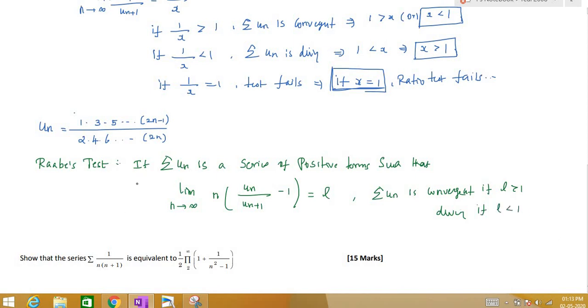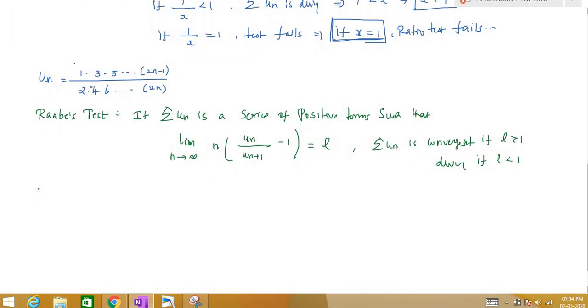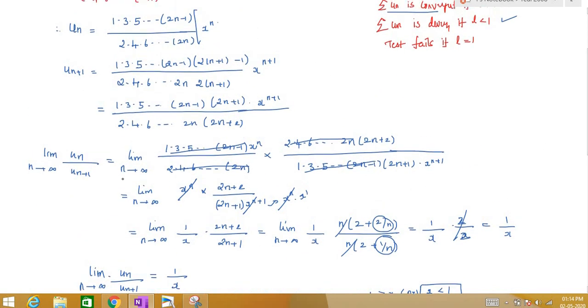So we will apply Raabe's test to our un now. What is our un? 1, 3, 5 up to 2n minus 1 by 2, 4, 6 up to 2n. We have already found un by un plus 1, so we will straight away apply this: limit n tends to infinity n into un by un plus 1 minus 1.